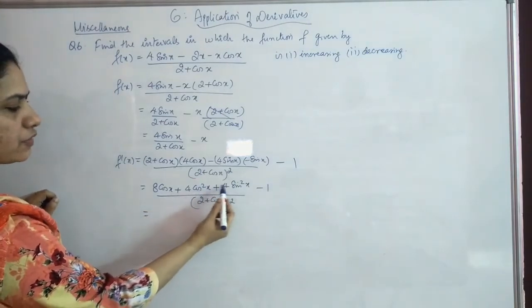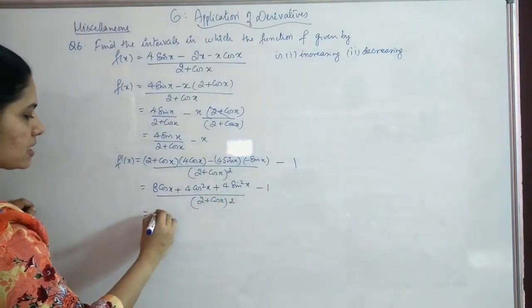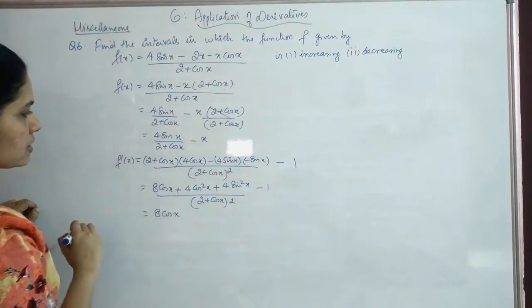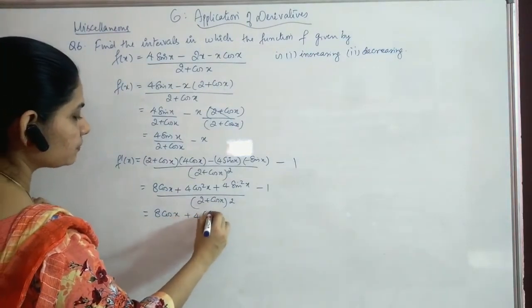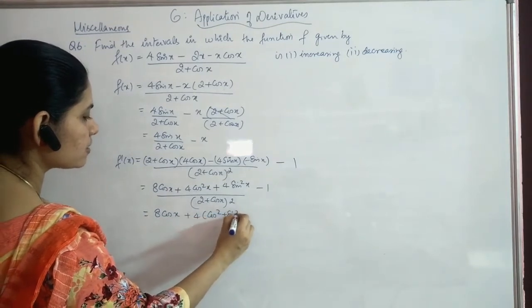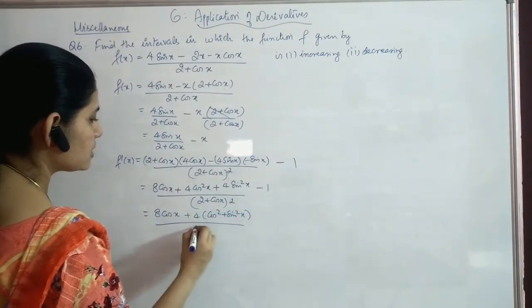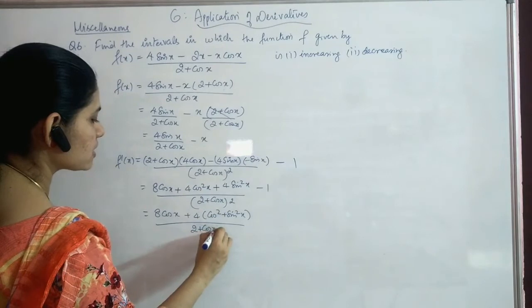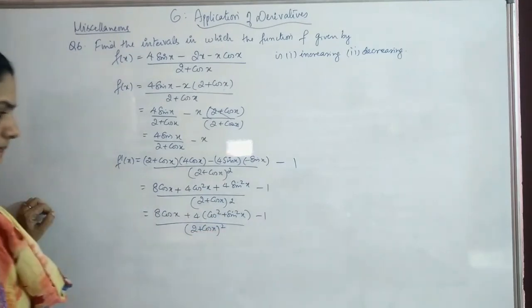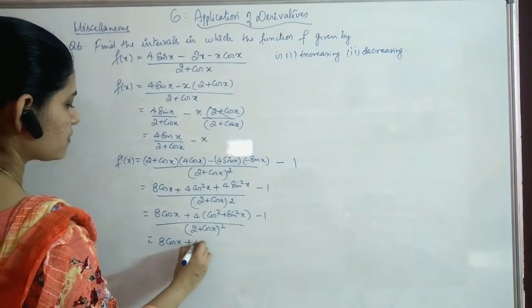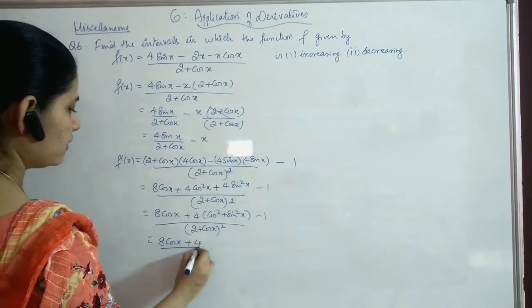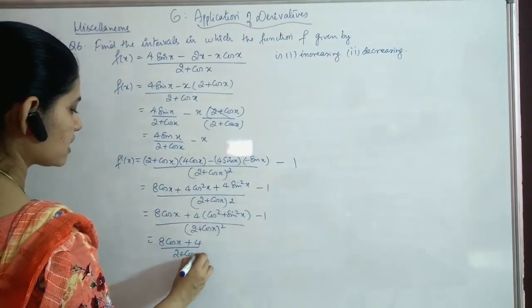Again from here, if you take 4 out, this will become cos square plus sin square, so that it is 8 cos x plus 4 into cos square plus sin square, divided by 2 plus cos x the whole square, minus 1. Now again this becomes 8 cos x plus 4, this is 1, divided by 2 plus cos x the whole square.